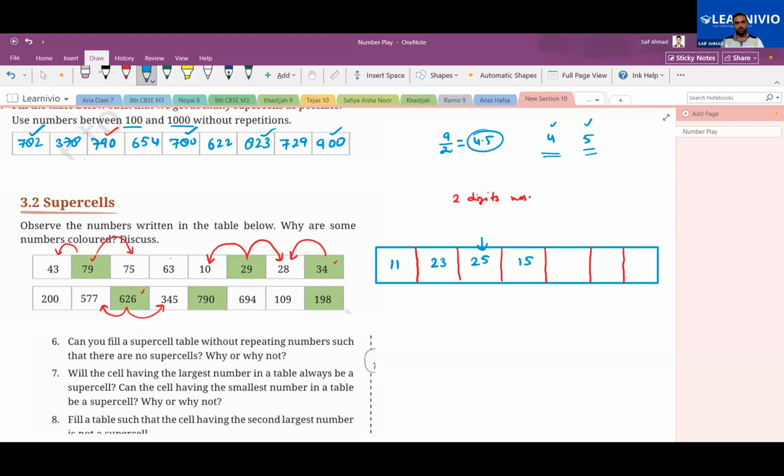For example, you have to write here 35, the greater number, so that it should be uncolored. For example, you are writing 40, then 42, then 43, but in the last number, it is greater, so it will make a supercell. So it is not possible. Understood? Yes.